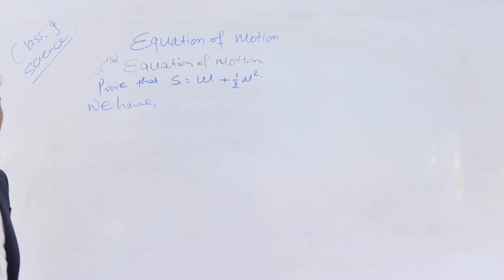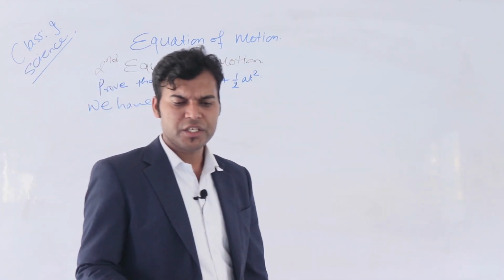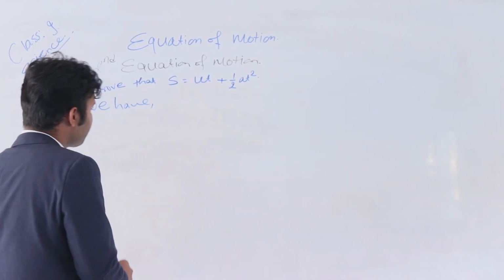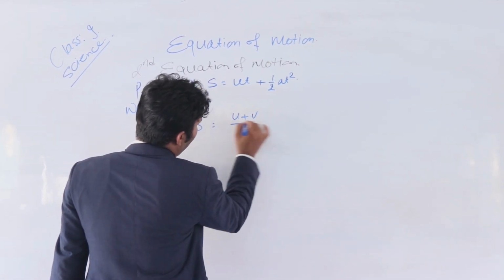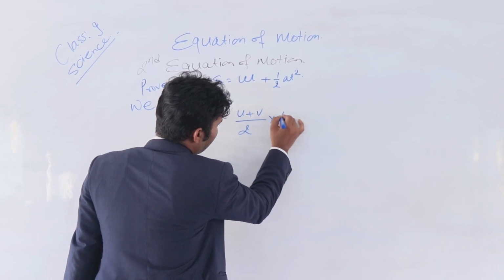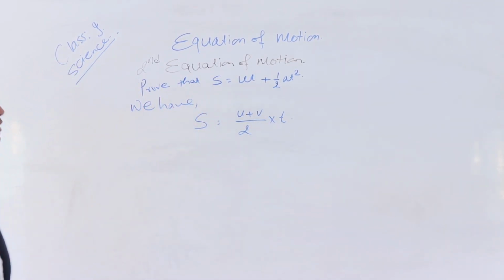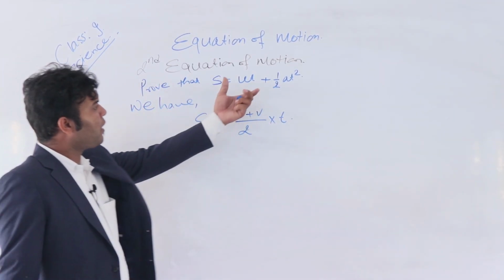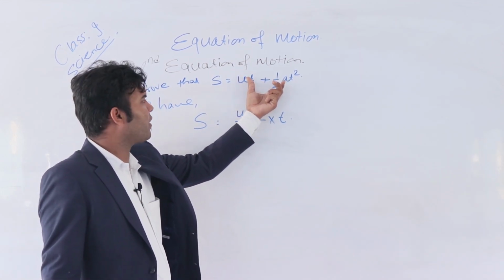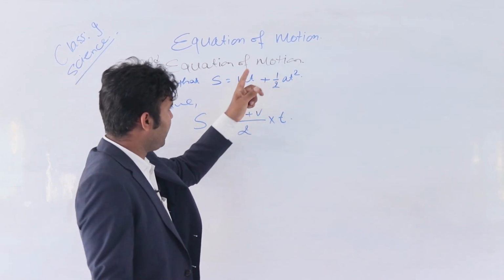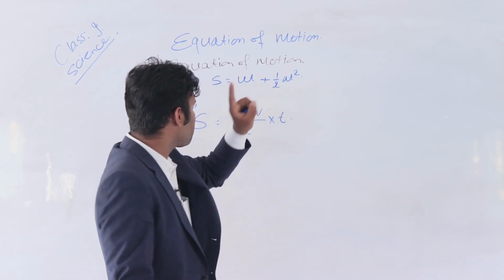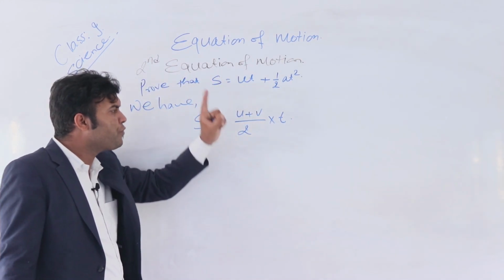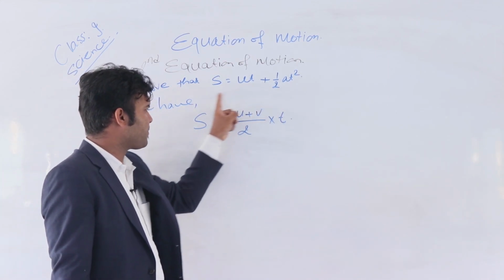We have S is equal to U plus V upon 2 multiplied by T. Dear student, you should remember first that in the right-hand side of the equation there should be no final velocity, so you can remove the final velocity from this part.